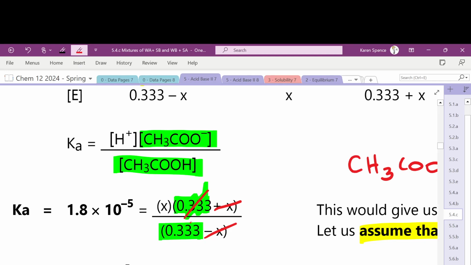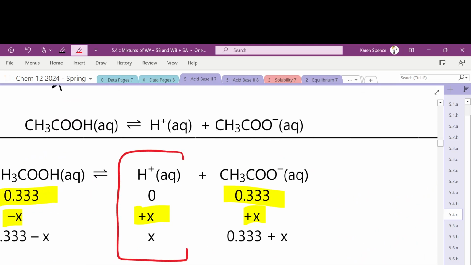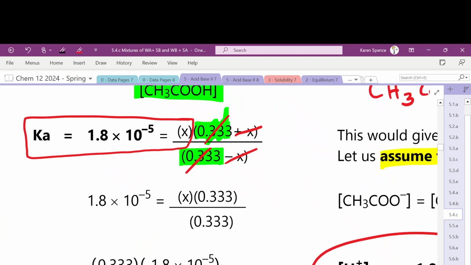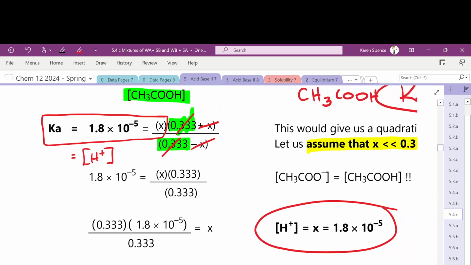And so all we're left with is that X is equal to the Ka, and what is X again? X is the concentration of the hydrogen ion, okay? So what we end up with is Ka is equal to the concentration of H plus.